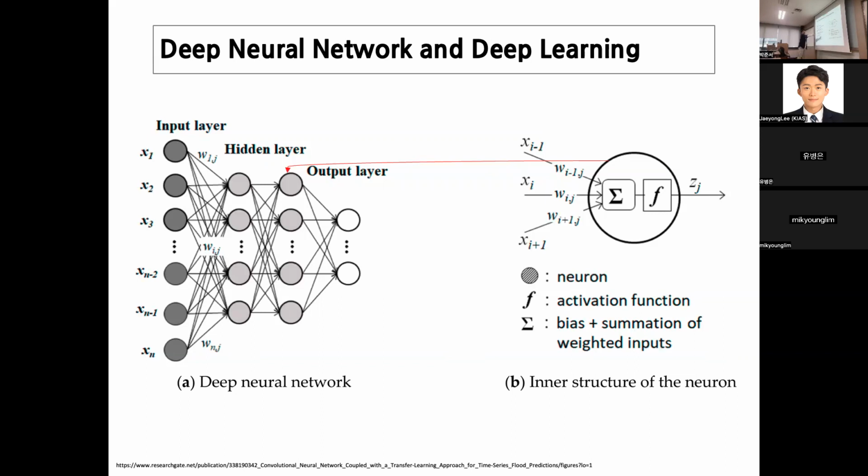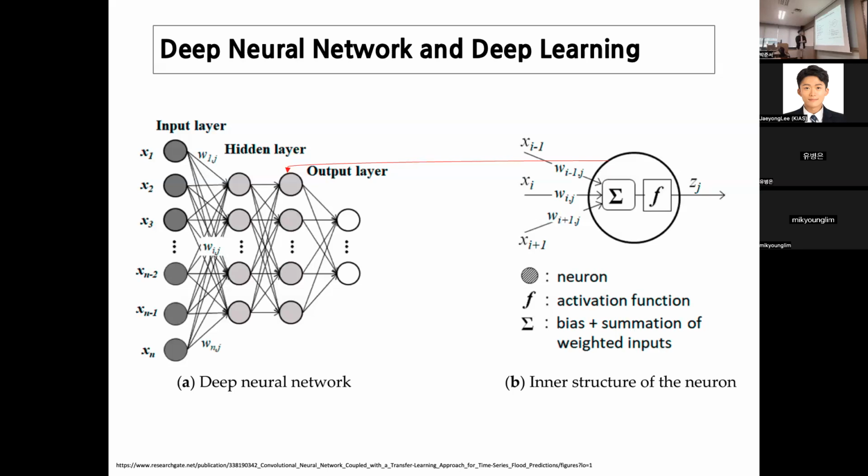Each neuron has an activation function and also bias and weight parameters. If we want to approximate some function f using this deep neural network, we want to find the parameters w, which is called weight, and the bias. We want to find these two parameters to determine this neural network.